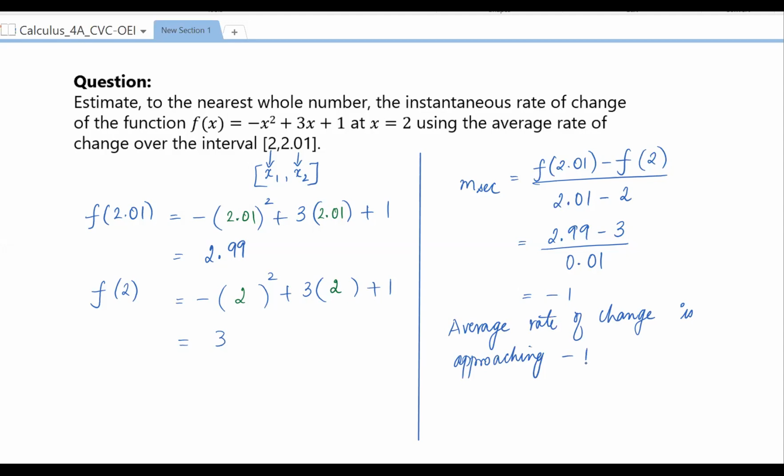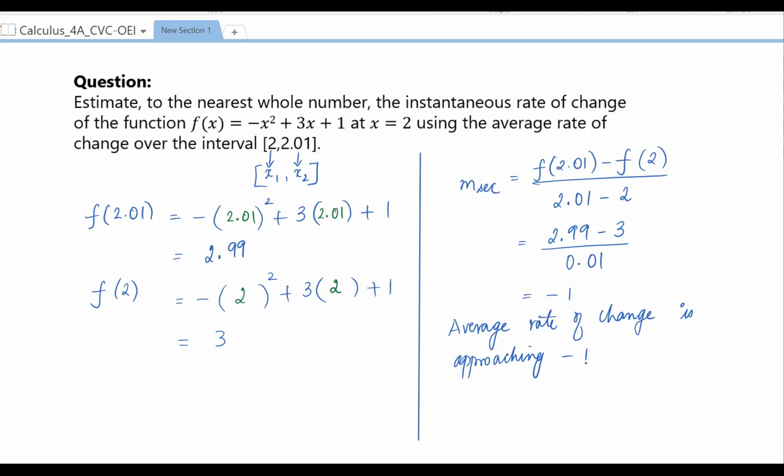So this is the language we will begin to use when we talk about the concept of limits, approaching, right? So we have -1 there. And they said to the nearest whole number, so the instantaneous rate of change at x equals 2 is approximately -1.